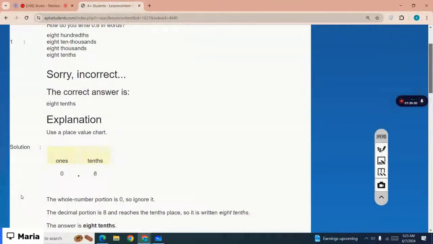You can read it as 8 tenths because 8 is at the tenth position, right? The correct option is 8 tenths.